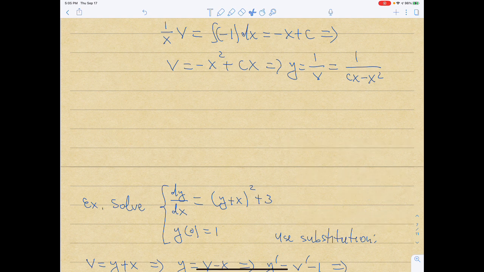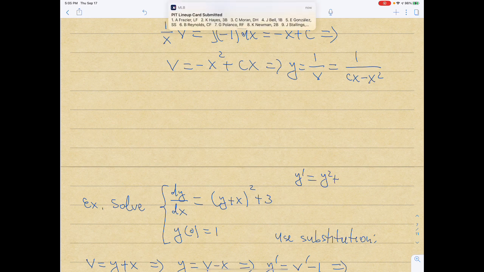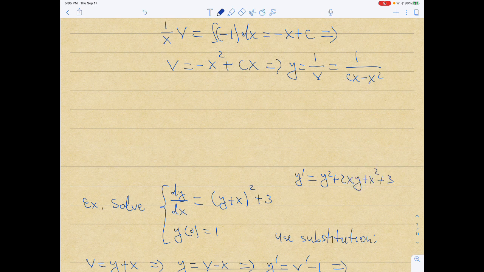So let's get rid of that, and maybe actually let's check, maybe it is Bernoulli's equation. So y prime, I'm going to expand the right hand side, so y prime is y squared plus 2xy plus x squared plus 3. I can move 2xy to the left side.